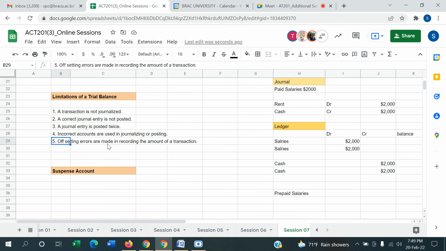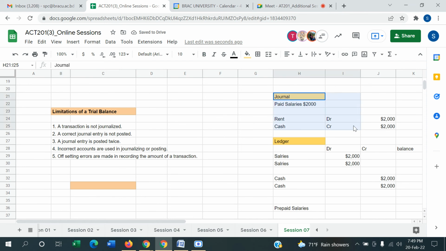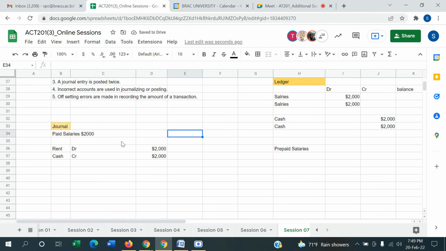And the last one, offsetting errors are made. Say, in our previous journals, we have mentioned that salary is paid $2,000. We have recorded like that. There might be another transaction, say, for example, utilities expense of $200.